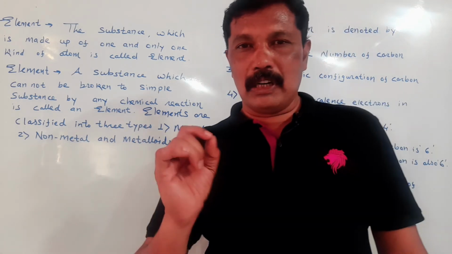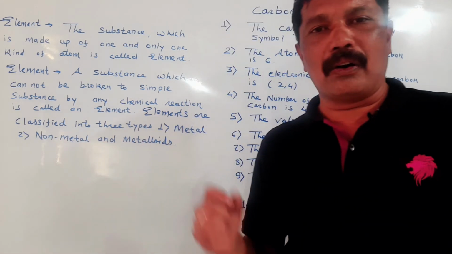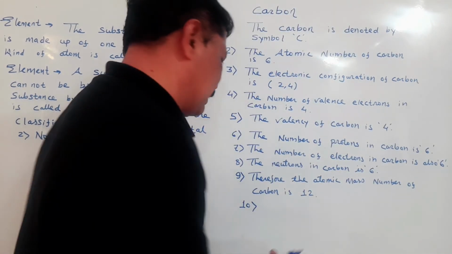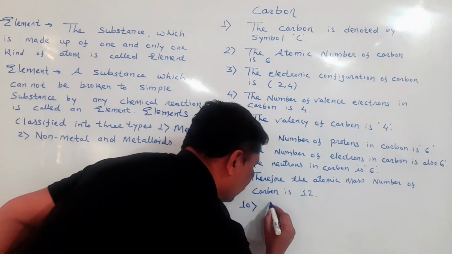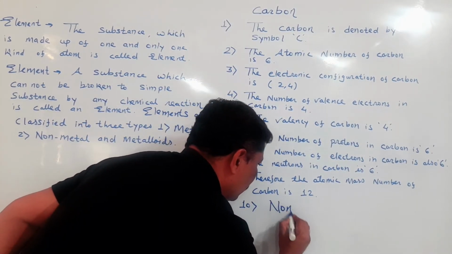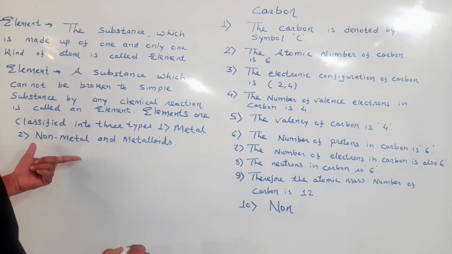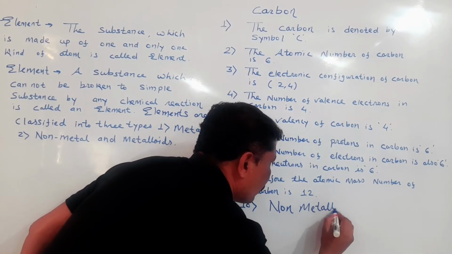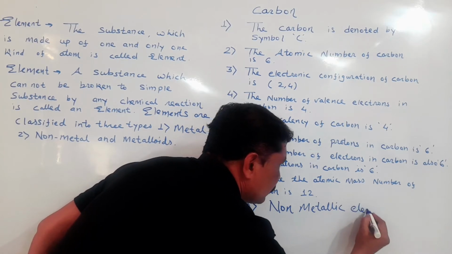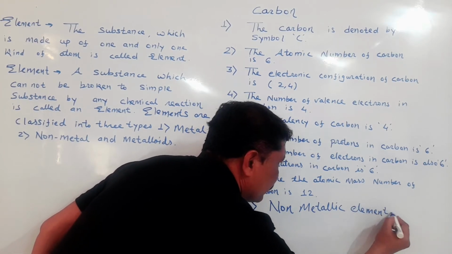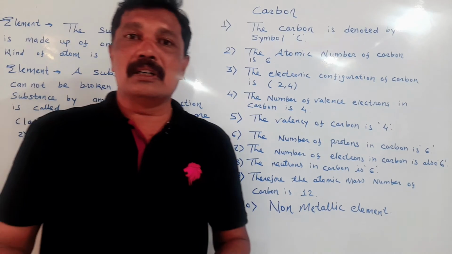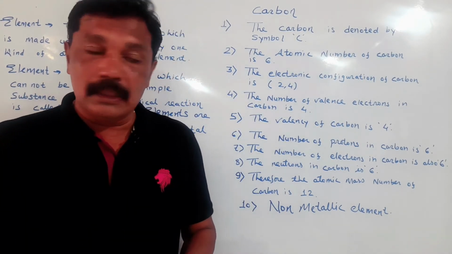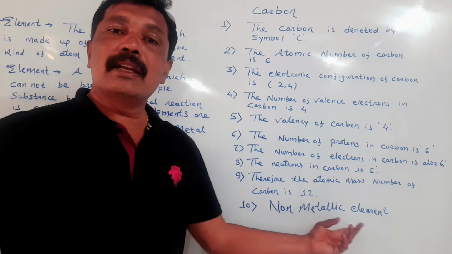From here we will pick up one property of carbon and include it in our knowledge. That is, carbon is a non-metallic element. So my dear student, I wanted to introduce one more property of carbon, that carbon is a non-metallic element.